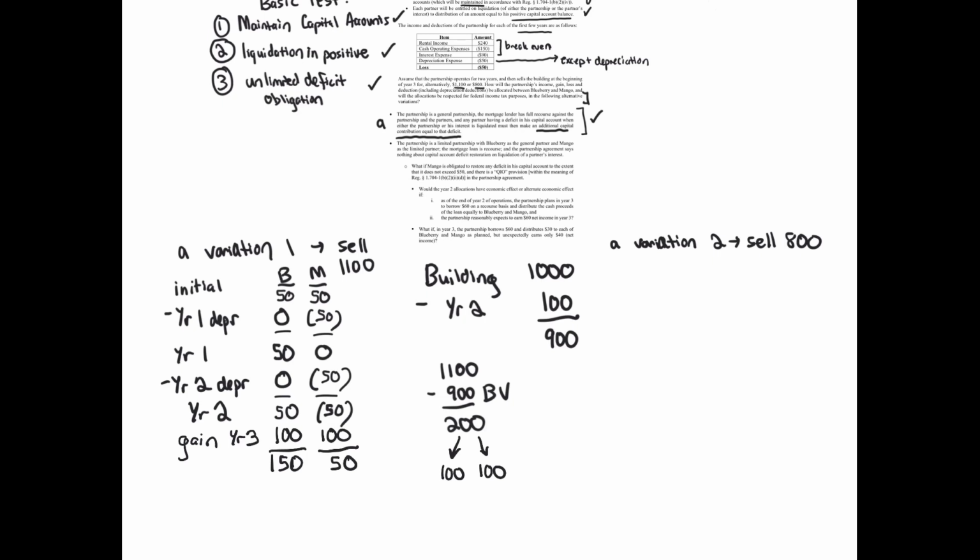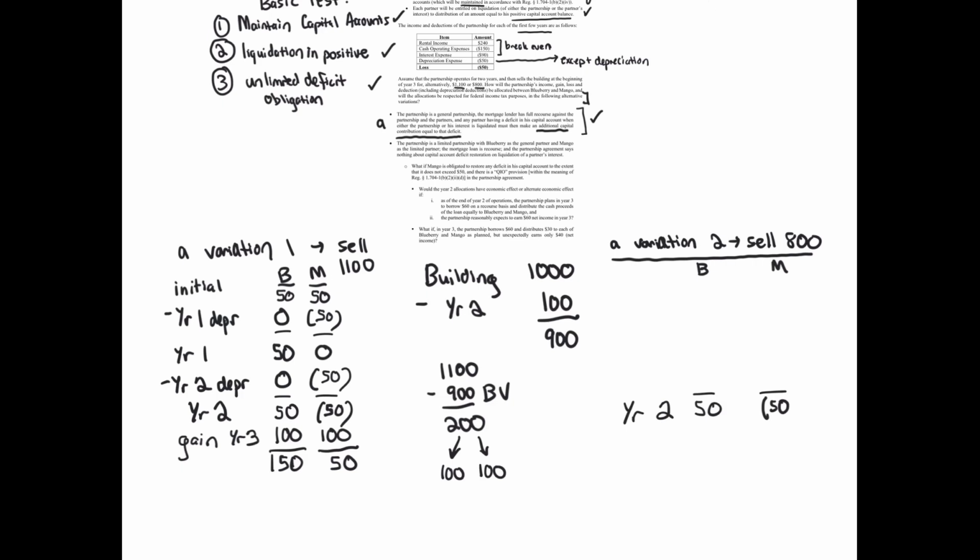If we do the same thing, assuming we sell for $800, so we do the same allocation, we get down to year 2. We have a 50 for B and negative 50 for M. Now if we sell for $800, we have what? $100 loss, right?